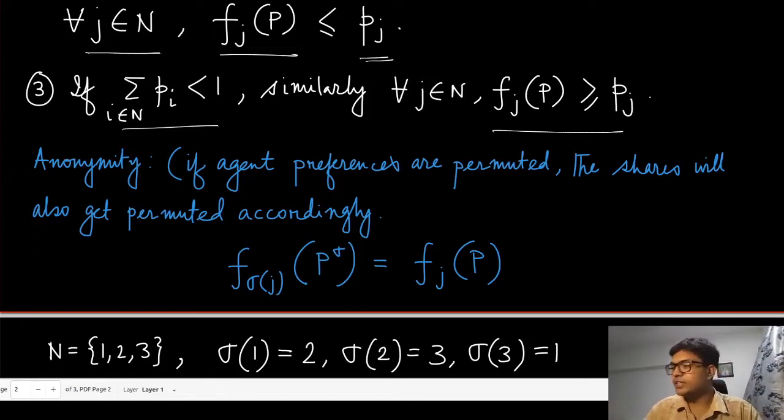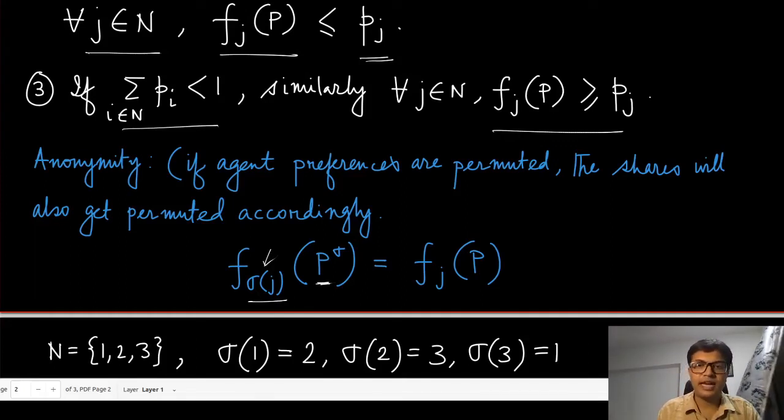So if you look at a specific permuted agent, so the agent J has been permuted, and the new agent, the permuted agent, became sigma of J. And you have also looked at the P of sigma. So P of sigma is nothing but you have exchanged those columns. So you have a favorite peak, and it is monotone decreasing.